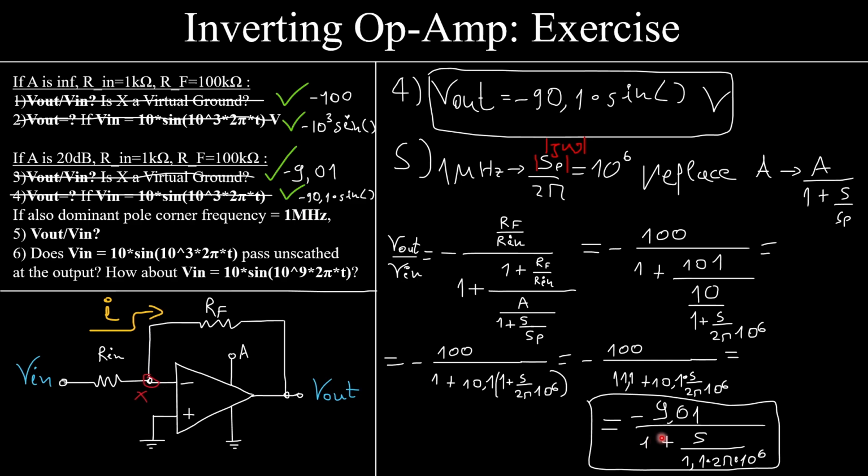So we see that this op-amp had a frequency response with a pole at 2 pi 10 to the power of 6, but the whole thing like this has a pole somewhere else, at 1.1 times this frequency.